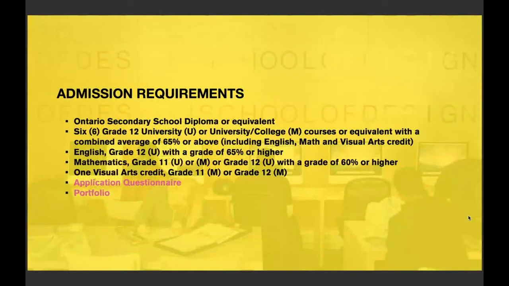Okay, so admissions requirements, this is all on our website as well, and you could read those in greater detail, but you do have to have 6 grade 12 university or university college credits.